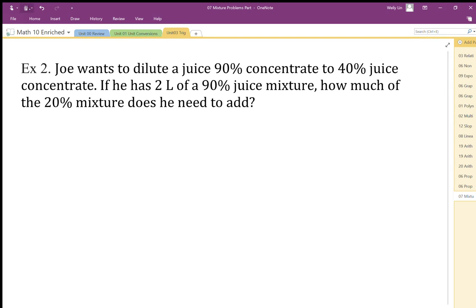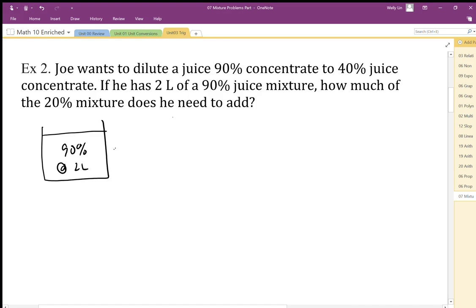So maybe let's draw this out. In this case here, we have a 90% mixture, and this is 2 liters. And we need to add in 20%, so x liters of 20%.